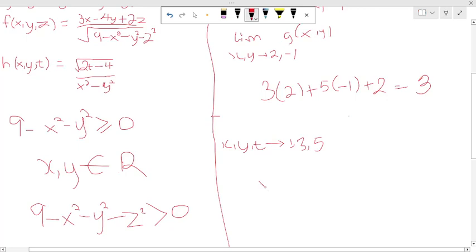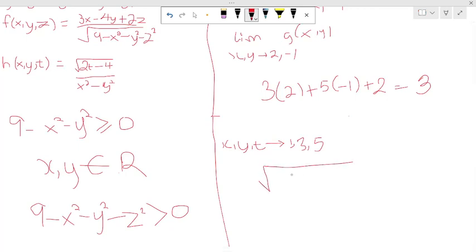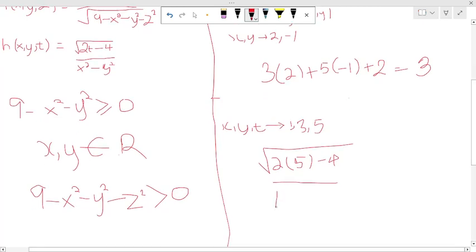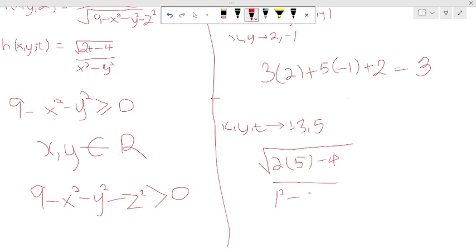So now our value for h is going to be the square root of 2 times t, which is 5, minus 4, all divided by x squared, which is 1 squared, minus y squared, which is 3 squared.